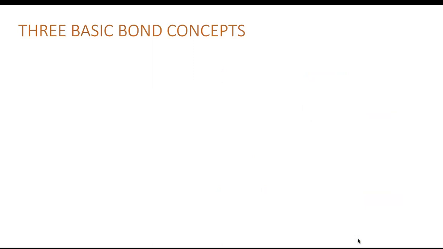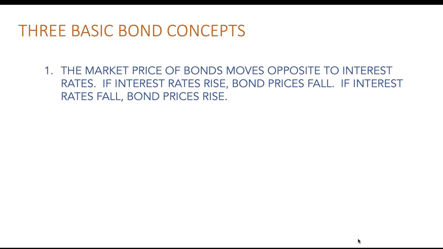We must remember three things when it comes to bonds. First, the market price of bonds moves opposite to interest rates. If interest rates rise, bond prices fall. If interest rates fall, bond prices rise.